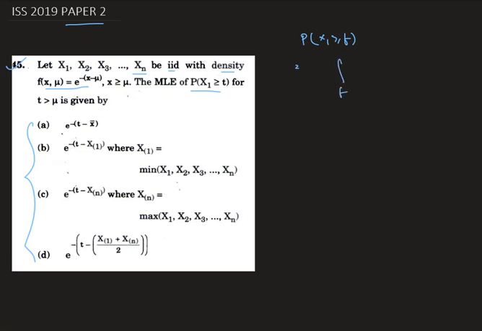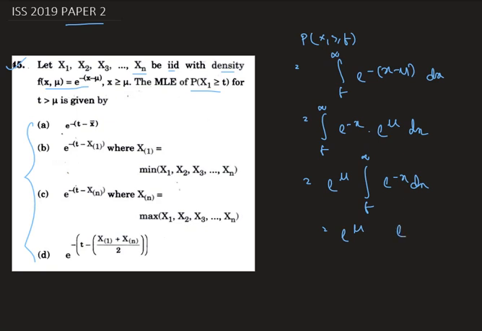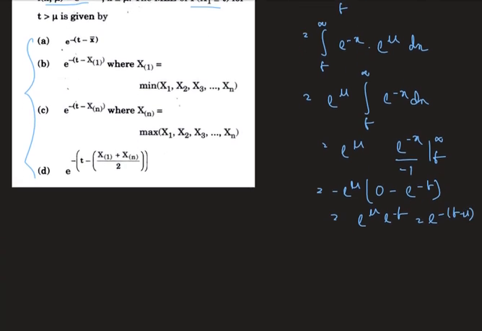It is nothing but the integral from t to infinity of e^(-(x - mu)) dx, as this is the PDF of X. Therefore we get the integral from t to infinity of e^(-x) e^(mu) dx. Here e^mu is a constant, so we write it outside the integration, and we get e^(-x) dx, which is e^(-x) divided by minus 1 from t to infinity, times e^mu. e^(-infinity) is 0, then we get e^(-t) multiplied by e^mu. Therefore we can write e^(-(t - mu)).